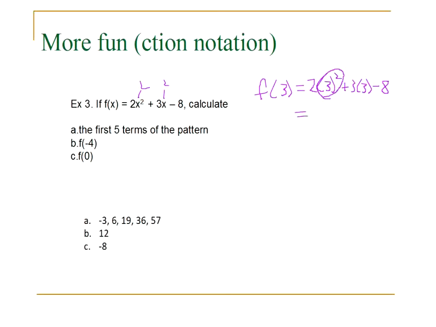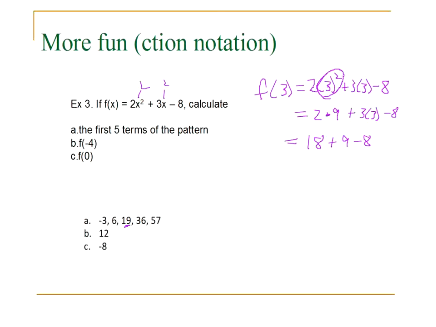So I have to square the 3 first, which is 9. Then I multiply it by 2. I don't have 6 times, or 6 squared. I don't have 36 here. I have 18. And so you can see that the third term is 19.